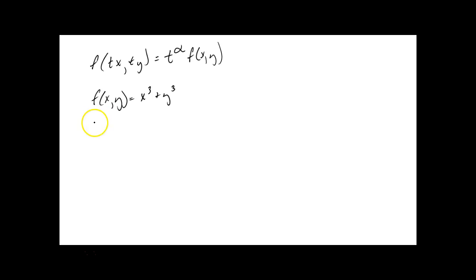Because what if we did f of tx, ty, that would be tx cubed plus ty cubed. Whatever's in the parentheses, you plug in there, and that's what you get.